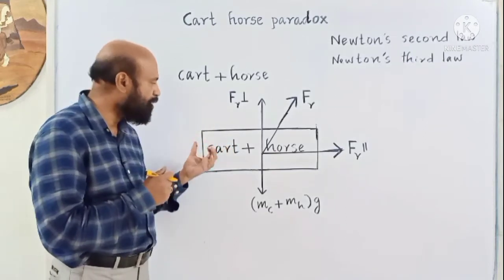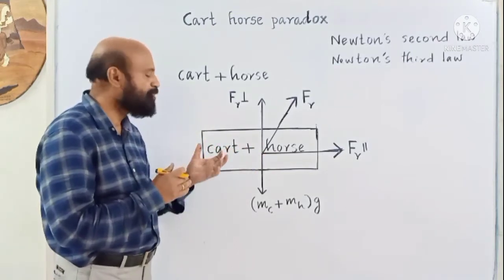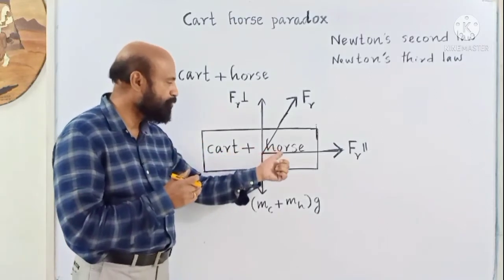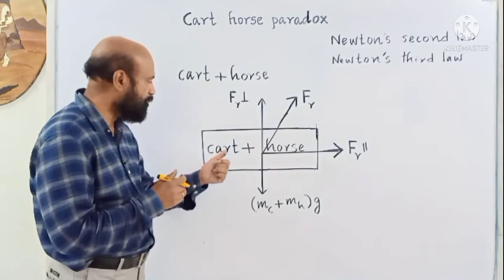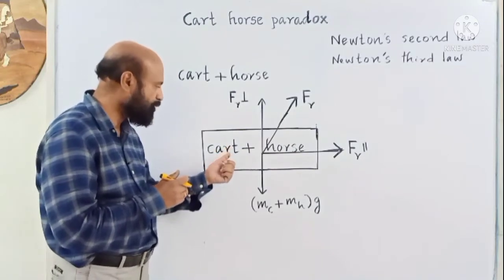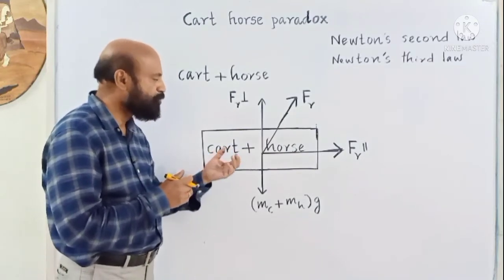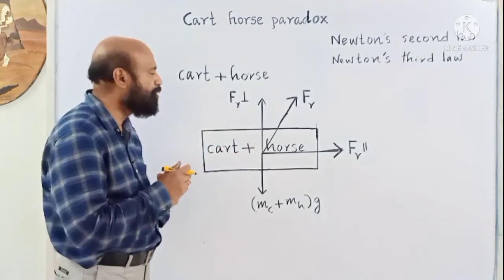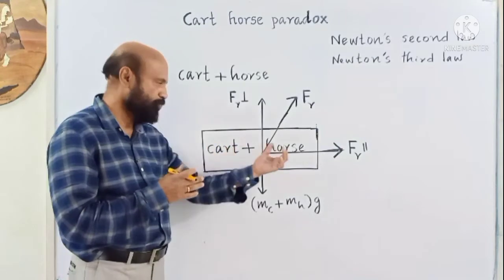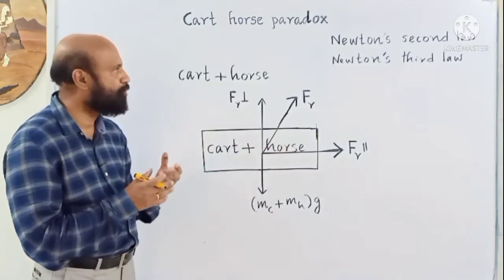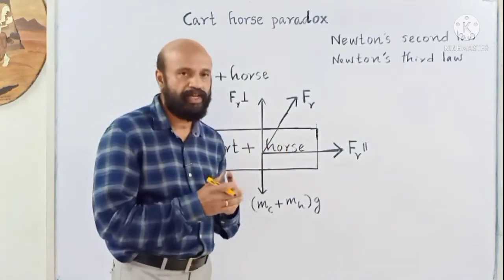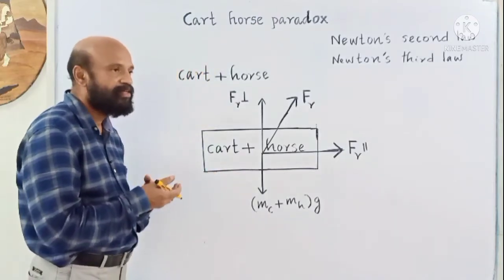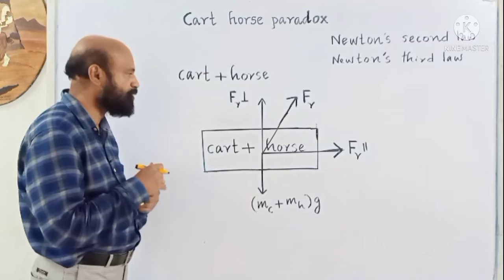When we consider the cart and hose as a system, these two forces are internal forces: the force exerted by the hose, and the force exerted by the cart. The total internal force is zero as per Newton's third law. But internal forces cannot cause acceleration. We have to consider the force acting on the system.